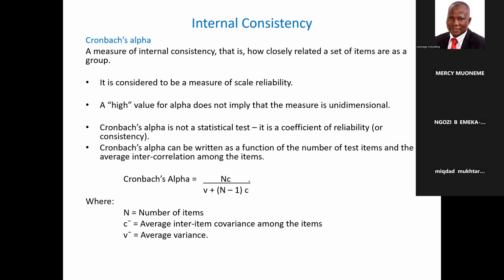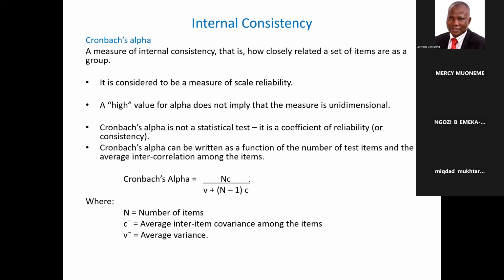Because if all of them are pointing to the same thing, the people that score high in this half should score high in this half also. That's the logic behind split-half reliability.